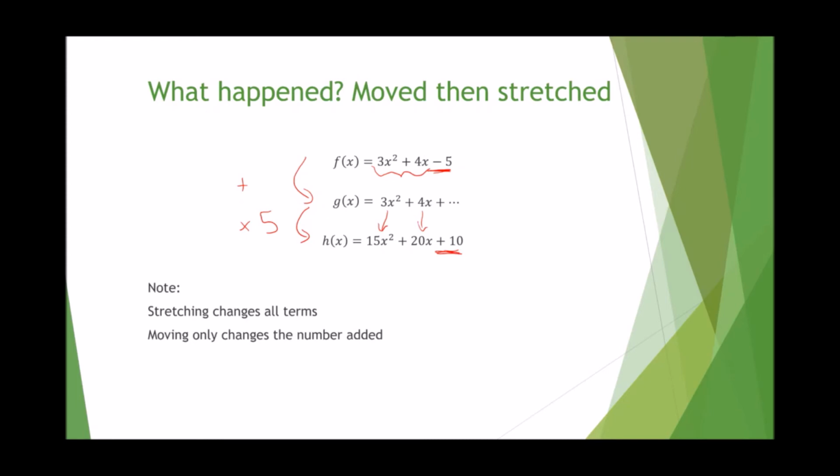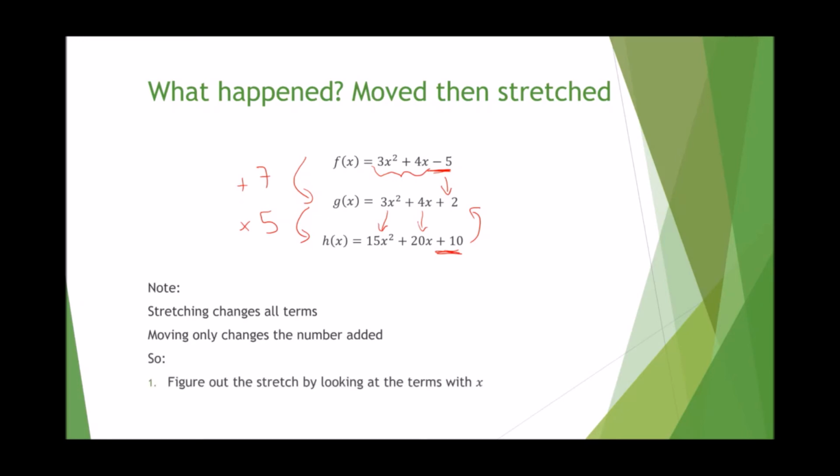But if that's been multiplied by 5, well, then the number there must have been 2, because 2 times 5 is going to become 10. And then I can figure out what has been added, how much it has been moved. From minus 5 to 2, it's been moved 7. So I can conclude it's been moved 7 up and then stretched by a factor of 5 parallel to the y-axis. So how did we do that?